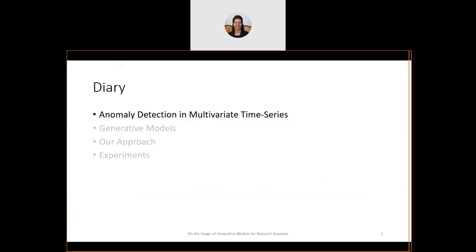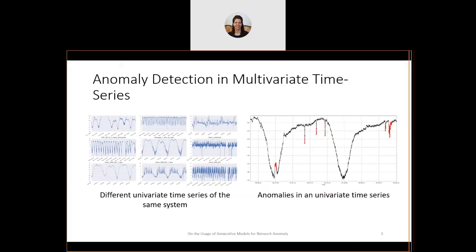The first thing is to see what anomaly detection in multivariate time series is. In network monitoring, or more generally in system monitoring, we can find different time series that represent the evolution of some variables or that are associated with measurements or event counters. For anomaly detection, semi-supervised methods are generally used, which have two phases.